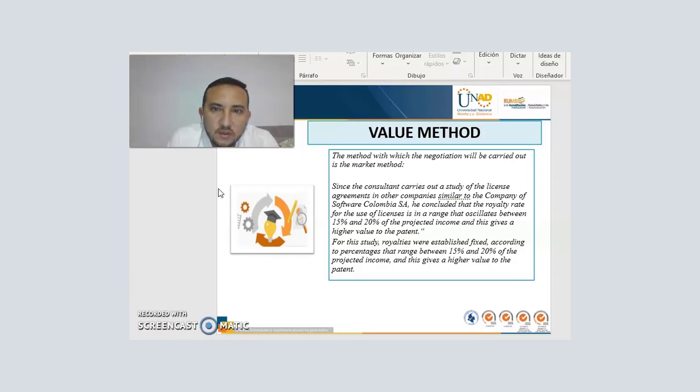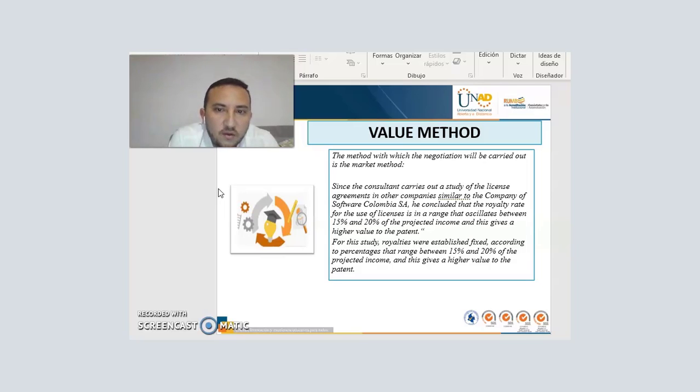The consultant carried out a study of the license agreements in other companies similar to Software Colombia S.A. He concluded that the royalty rate for the use license is in a range that oscillates between 15% and 20% of the projected income, and this gives a higher value to the patent.